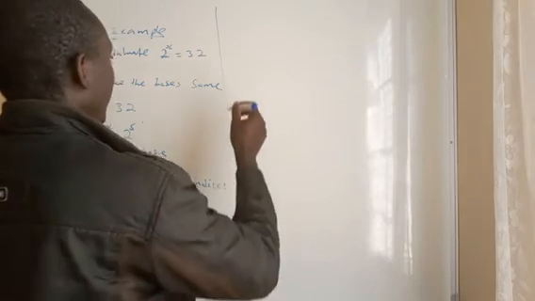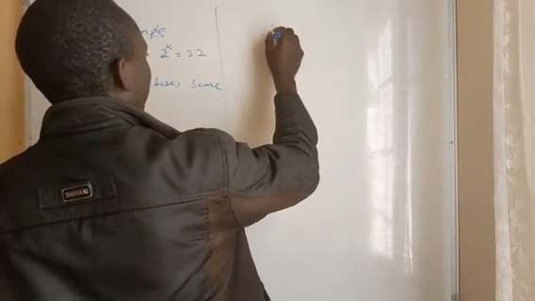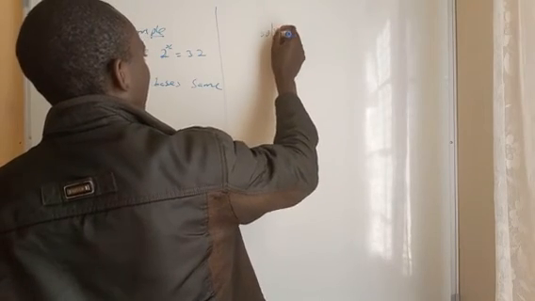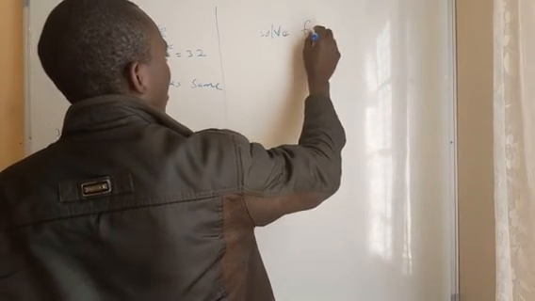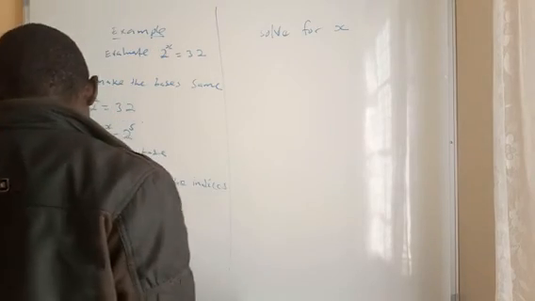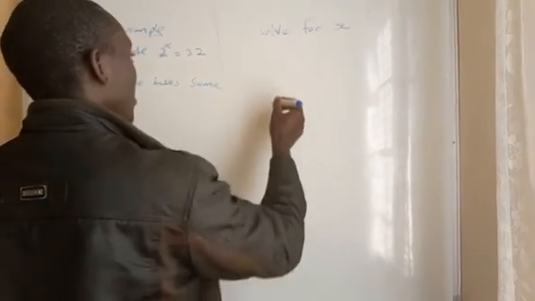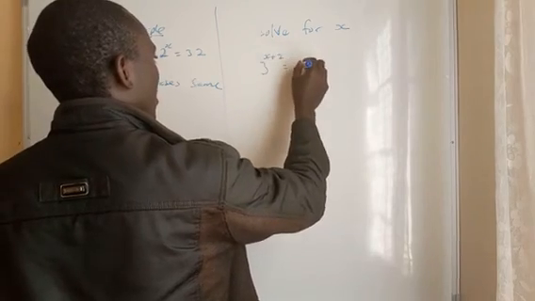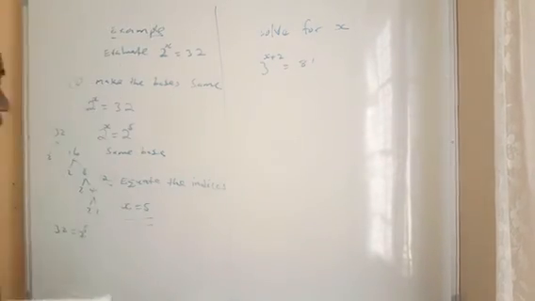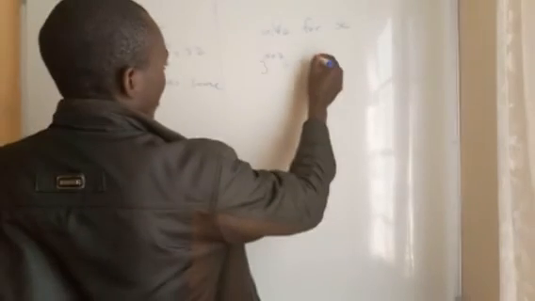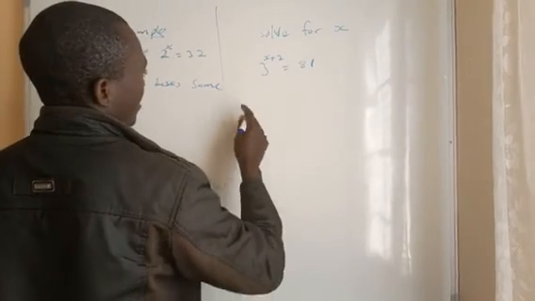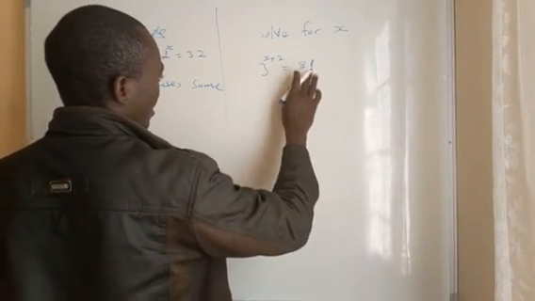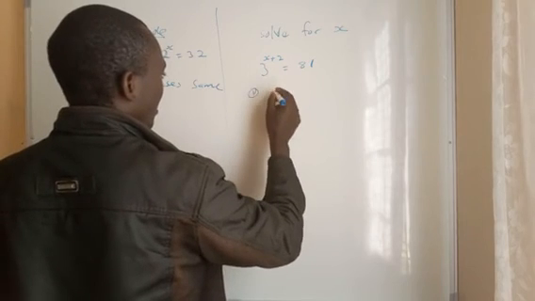Solve for x. Another example. You are given 3 power x plus 2 is equivalent to 81. This is base 3, this is base 81. So what was the first thing I said you should do?